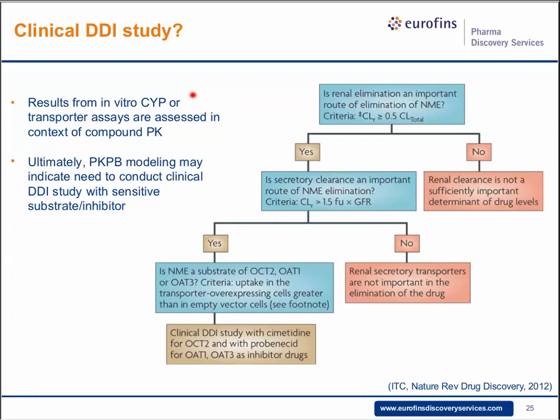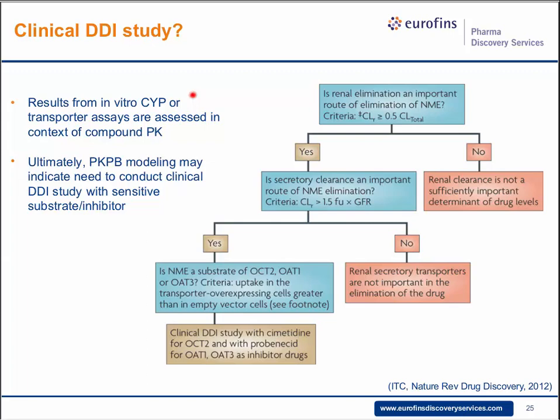And again, the decision trees and guidance documents also have recommendations on how the in vitro data should be looked at in the context of PK data, with ultimately what you're trying to do is decide if the interaction is likely to result in a potential clinical DDI. And then if that interaction is strong enough, you may eventually require doing a clinical DDI study for your drug with a sensitive substrate or inhibitor of the transporter or CYP enzyme that the drug interacts with.